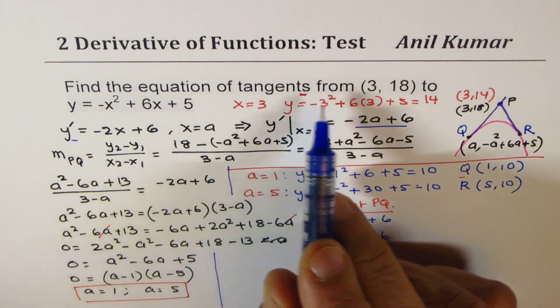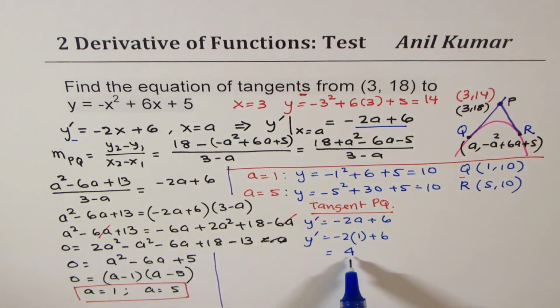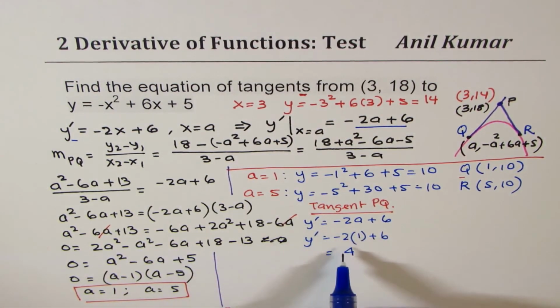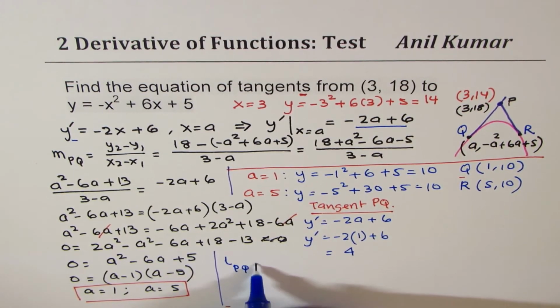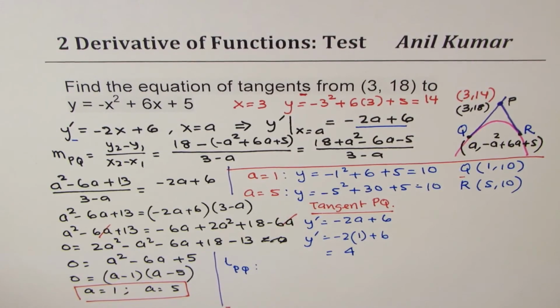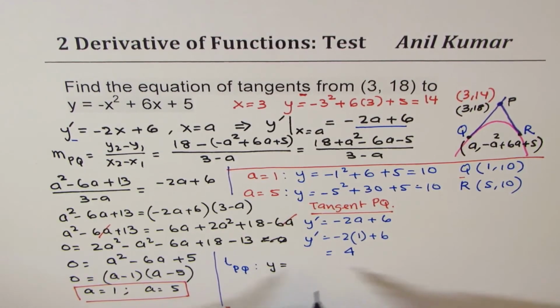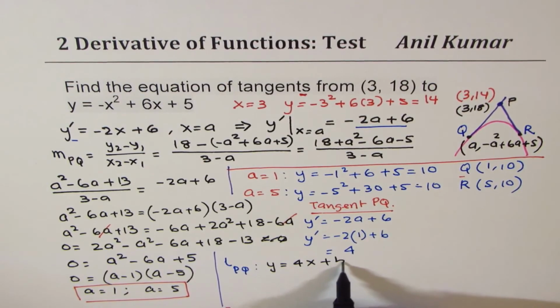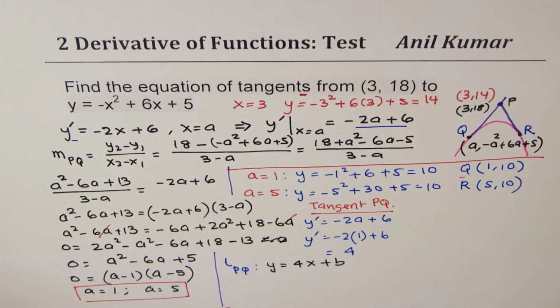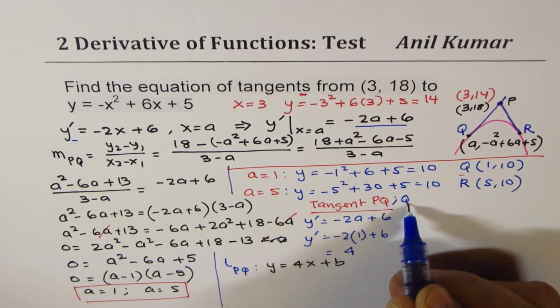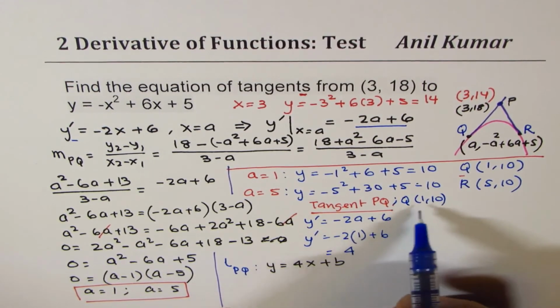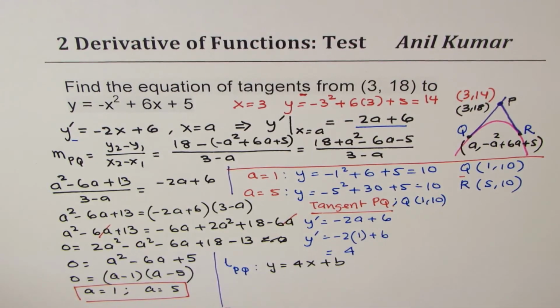Since we have to find the equation of tangent from this point, we have slope of 4, and therefore we can write the equation of this line PQ as y equals to mx plus b, slope is 4, so 4x plus b. And since point Q is 1, 10, I'll substitute 1 for x, 10 for y.